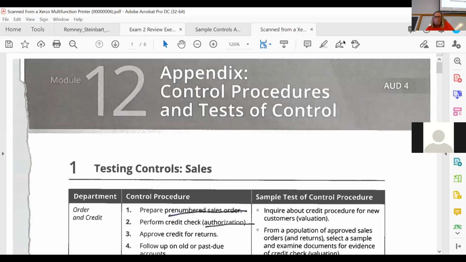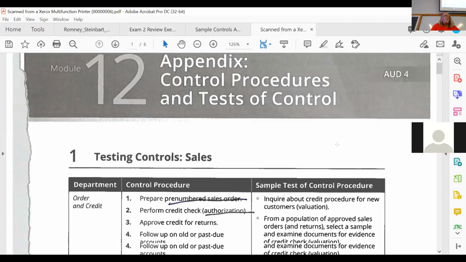Not recording on Friday. So this document came from my CPA examination review materials. This one particular document came from the auditing review book.